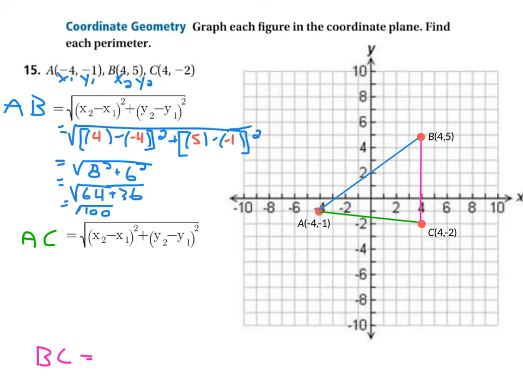Normally I wouldn't go across, I'd keep working down, but that is 10. So AB is 10, using the distance formula, okay?